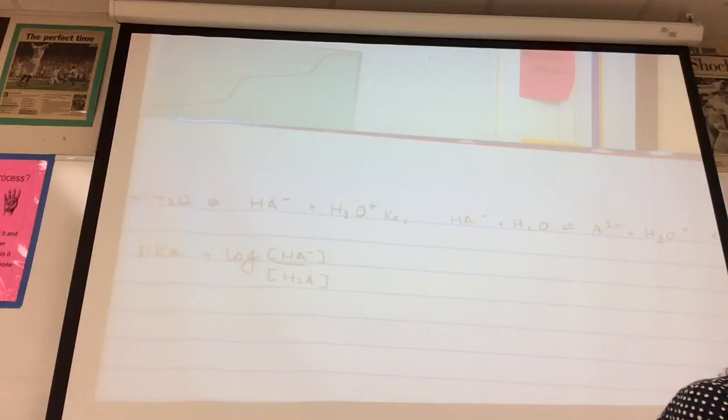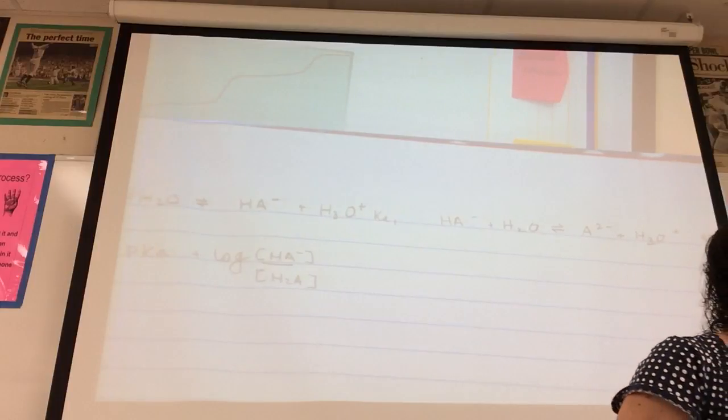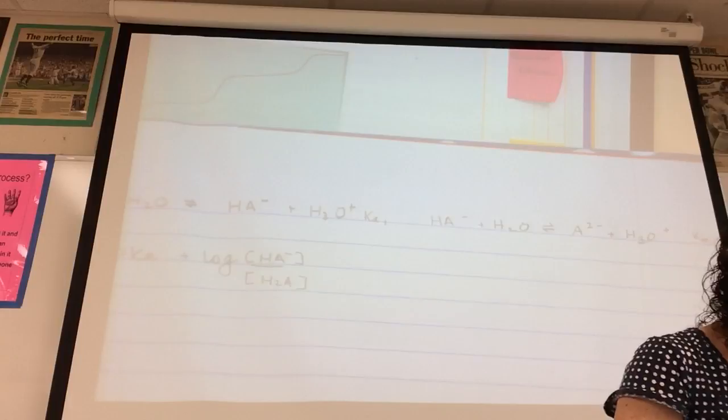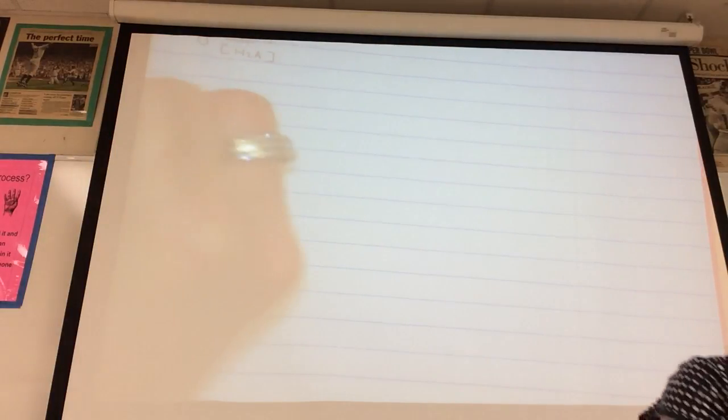At the equivalence point, when you change the equation, which equivalence point here, or just in general? Just in general. Okay, what does it change to? So if you were looking at the first equivalence point, all you would have is this after you neutralize this.